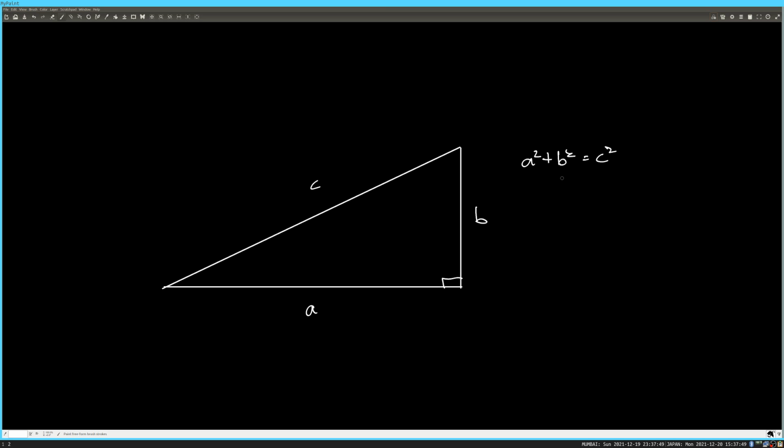The converse is also true: if you have three numbers a, b, and c such that a squared plus b squared equals c squared, and you take those as side lengths and arrange them into a triangle, then that triangle will be a right triangle. That was the earliest sort of what we would call a mathematical discovery.